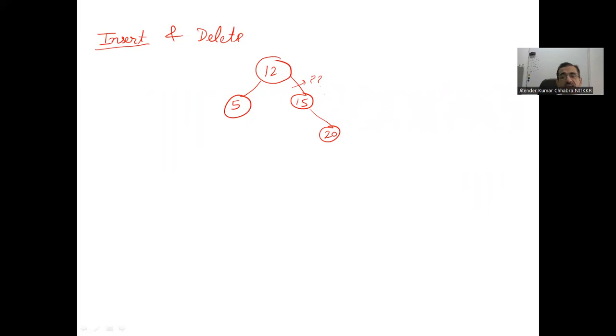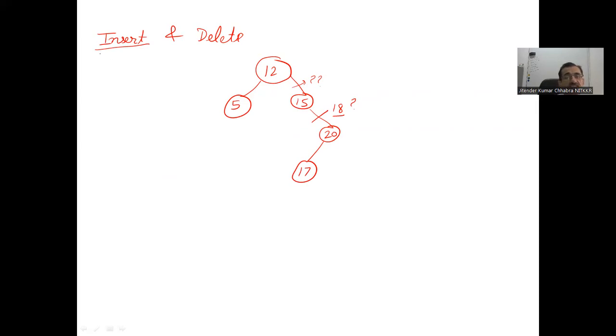Or maybe if I try to put 18 here, I might not be doing good. Why? Could be I have a 17 here. If 17 is here and 18 is put here, it will make 18's right side a 17. So many problems. Secondly, having this will disturb so many other links and all those checks to be done.